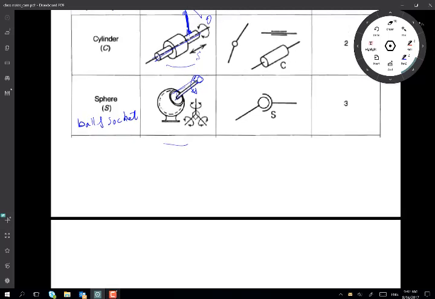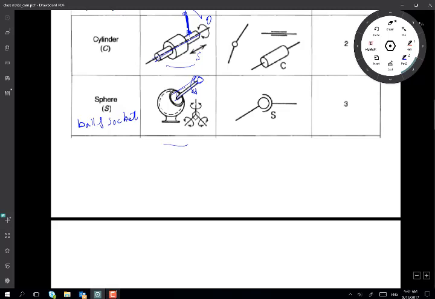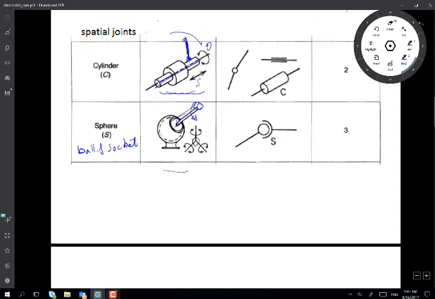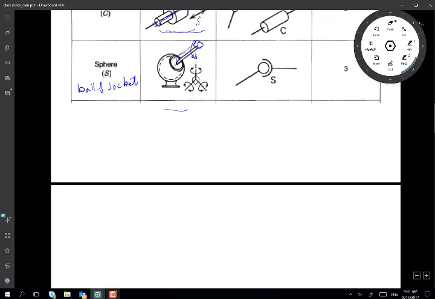This joint itself allows for three different motions, as opposed to the cylindrical joint, which allows for two motions: sliding S and rotation theta. But the ball and socket allows for three different angular movements. We can call them alpha, beta, gamma. So this joint allows for three movements.